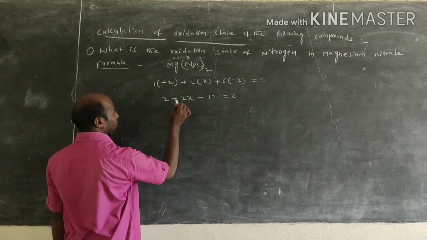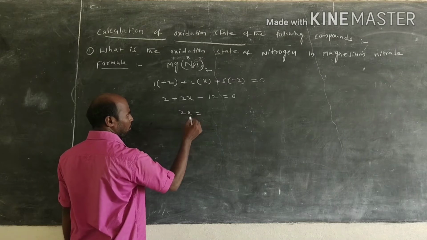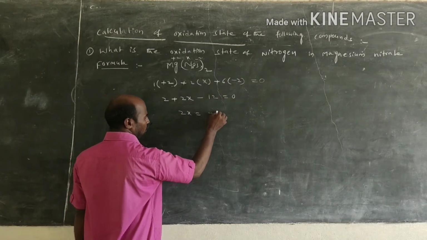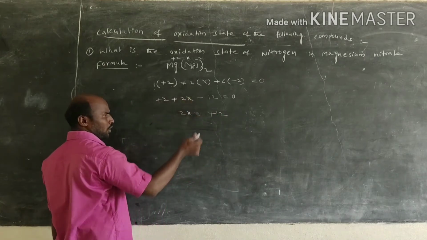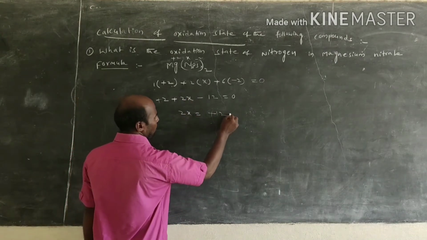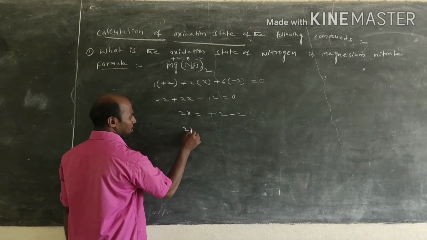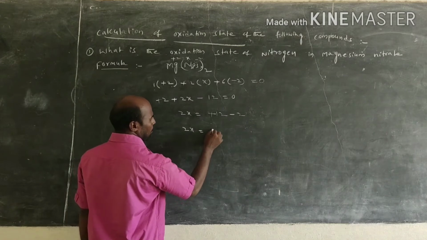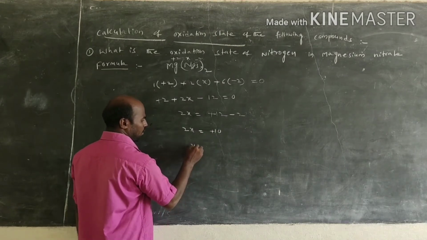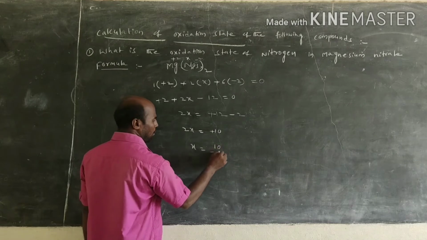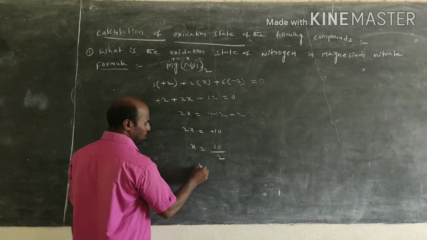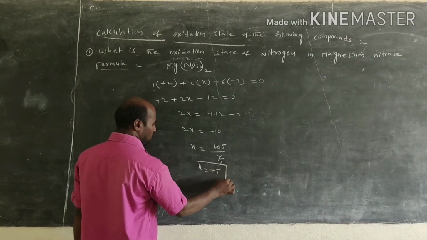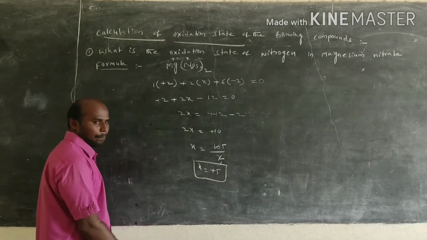So 2x is equal to plus 12 minus 2, which is plus 10. X is equal to 10 by 2, x is equal to 5. What is the charge? Here the charge is plus 5.